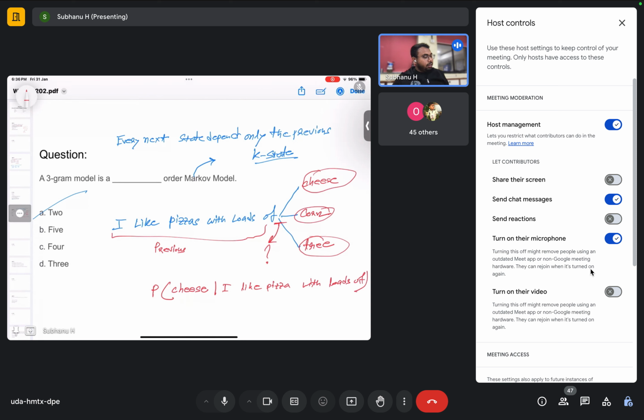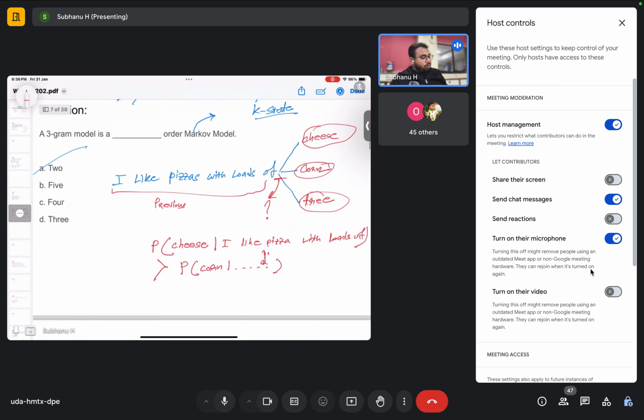Now you can see that the probability of choosing cheese is greater than the probability of predicting corn, given the same sentence, and also greater than the probability of predicting tree given the same sentence. In this dashed line, I am saying that these sentences will be replaced here.